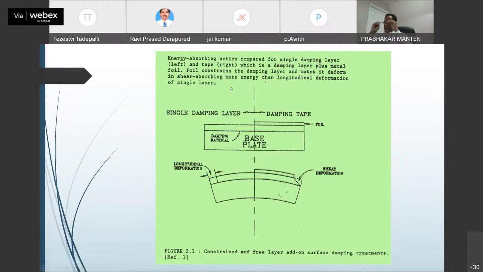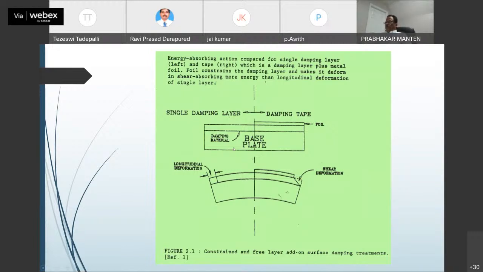Damping in viscoelastic materials or fluids is provided by shear. Shearing deformations create more energy dissipation than either longitudinal or flexural, axial up and down movements. That's the very nature of shear deformation.